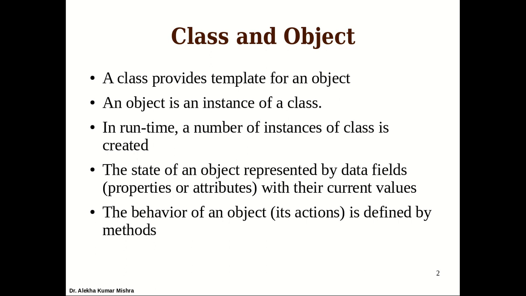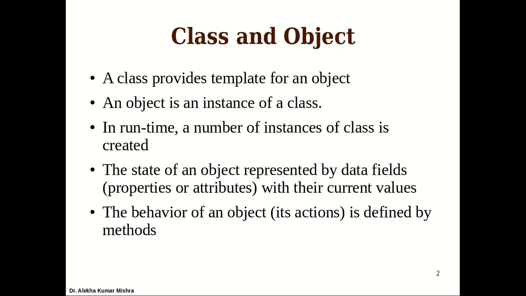State changes indicate that the values of the data fields or properties change. So a state is represented by its current values. That means you find out what set of current values is assigned to its data fields or properties. That defines the state of an object.